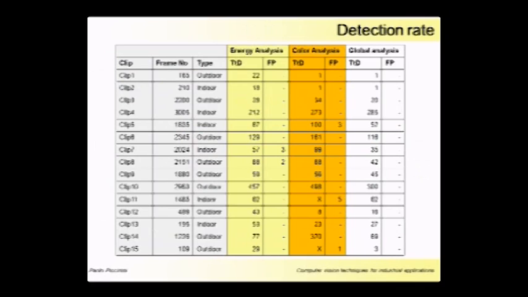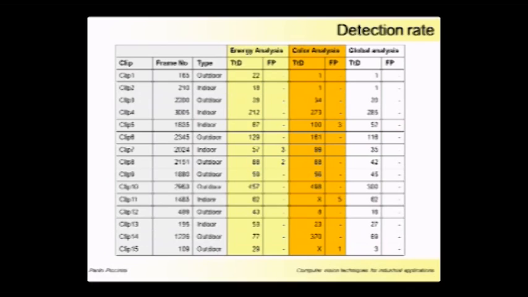This system was tested over 50 clips. I report here the results achieved only in the first 15 as an example. In the gray column, you can see the video type and the length expressed in number of frames. The videos were taken in both indoor and outdoor scenarios.